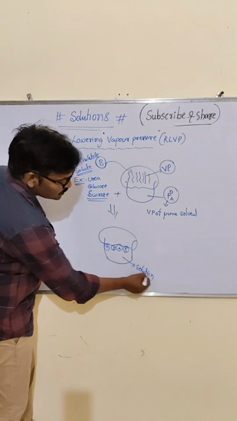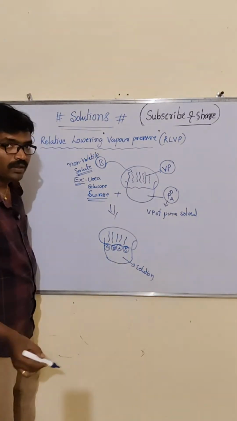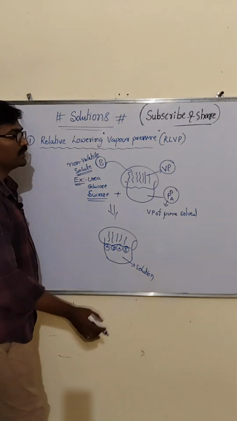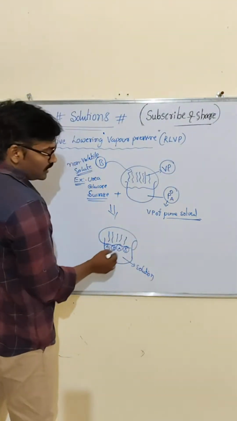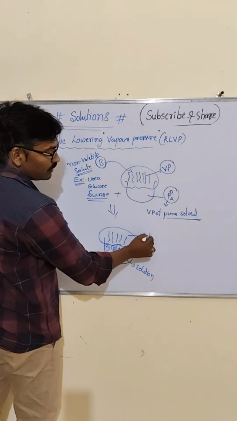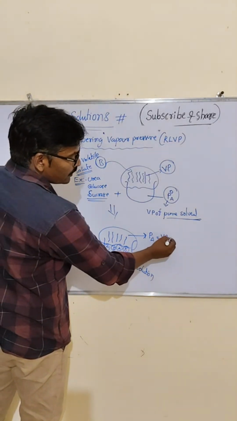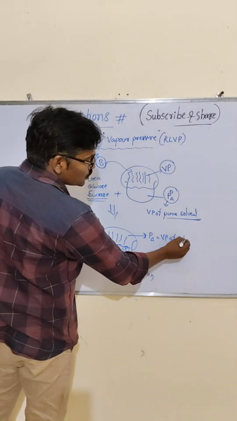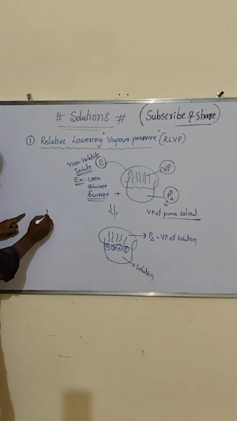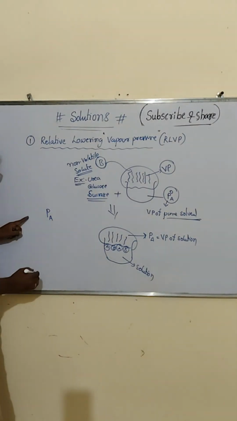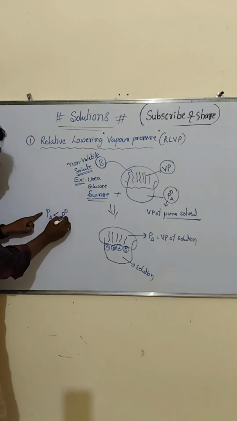Even in a solution, vapors will be formed. Remember, my dear students, P naught A is the vapor pressure of the pure component, and PA is the vapor pressure of the solution, which is always less than P naught A.